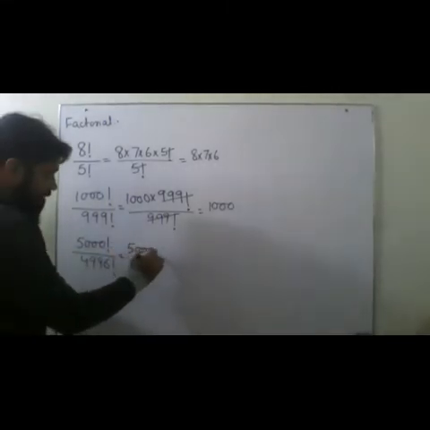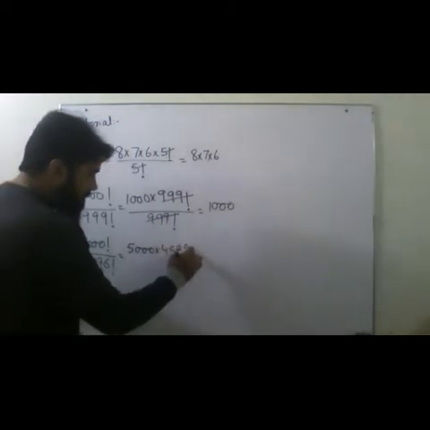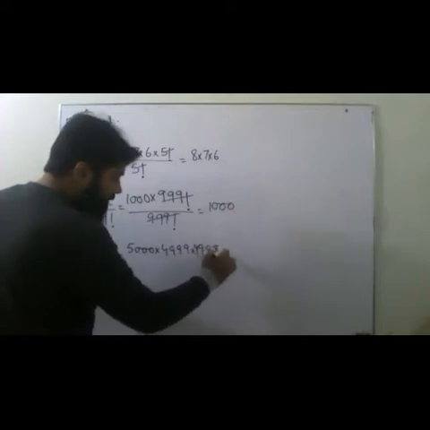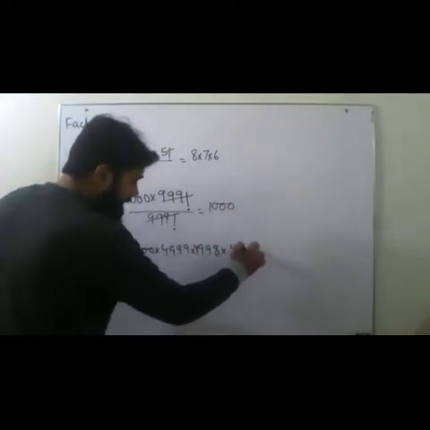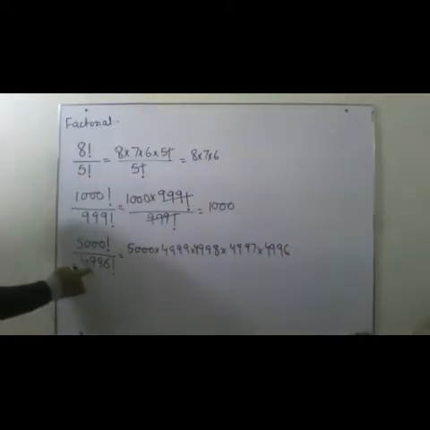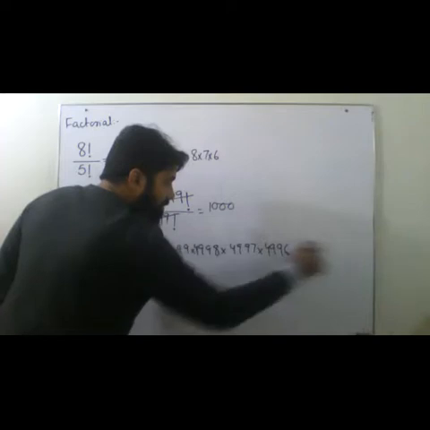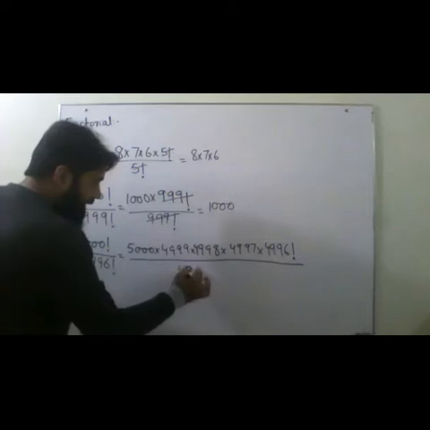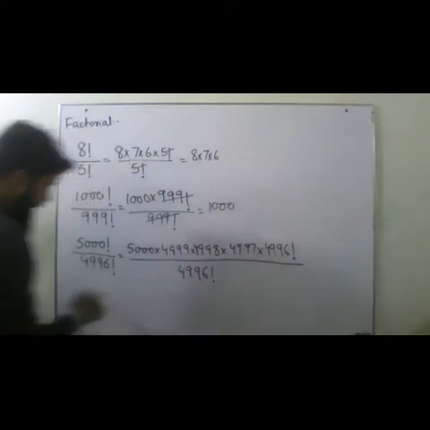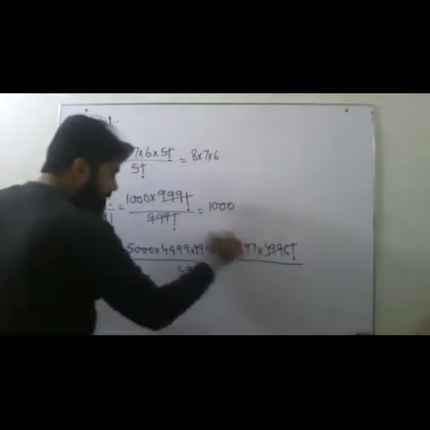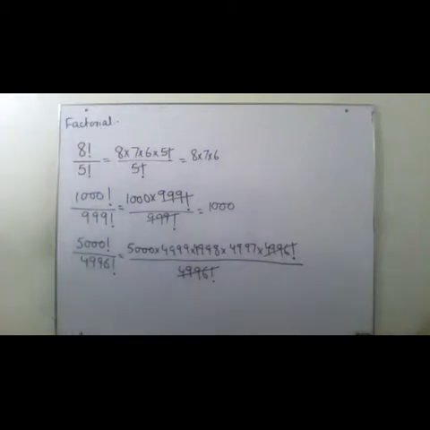So 5000, 4999, 4998, 4997, 4996. As I have seen 4996 written over here, I'm not moving ahead. I'm just writing 4996 factorial, and after cancellation, this is going to be my answer. These two are being cancelled over here.